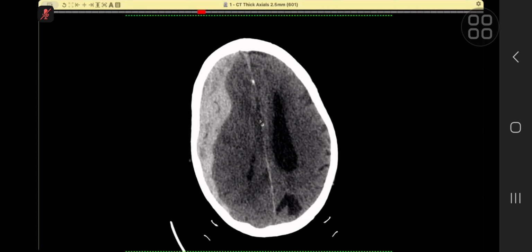Another example, I've got quite a few, but this one, if you see, this is the usual window, and is something happening there? Difficult to see. And then you can see this subdural hematoma window.